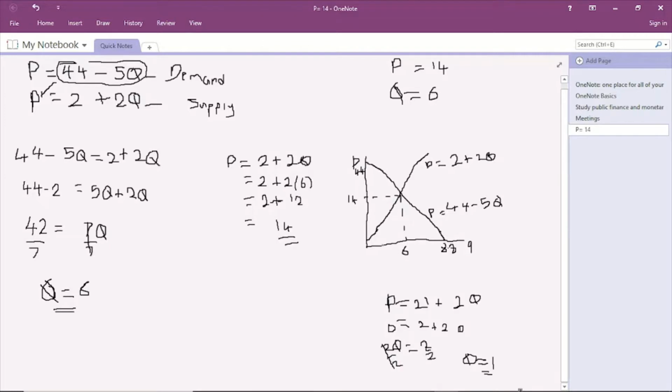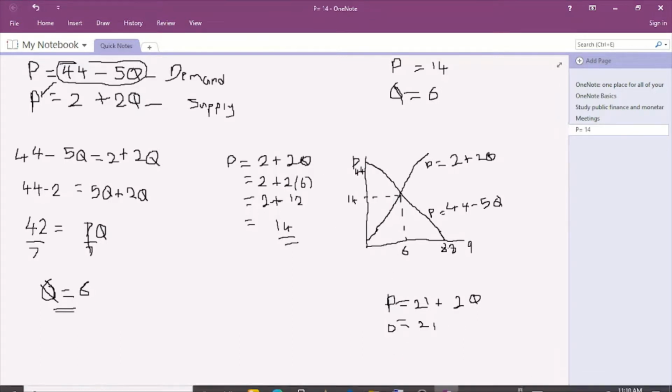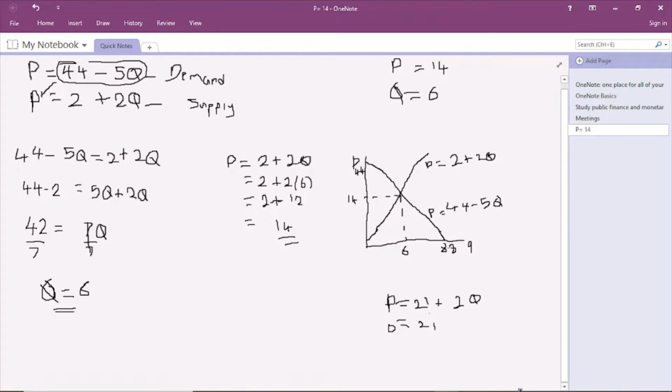What is our quantity? Wait, no, sorry, I made a mistake. Now these are positive, so when this 2Q goes to the other side, it's going to be negative.